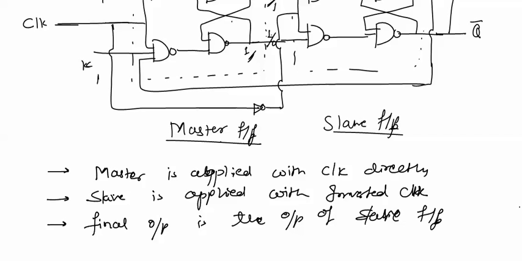So the output will be obtained when the slave flip flop is triggered. If the slave flip flop is triggered, we will get the output.